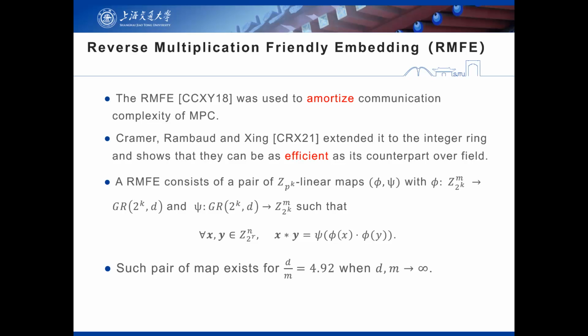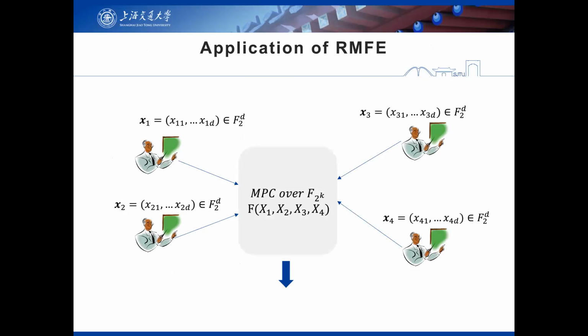So the idea is that now we can use elements over a large field to do the MPC protocol, run the MPC protocol, then obtain the result, and when we map it back, we actually get the component-wise product of vectors over some integer ring. This nice property allows us to simultaneously calculate multiple instances.